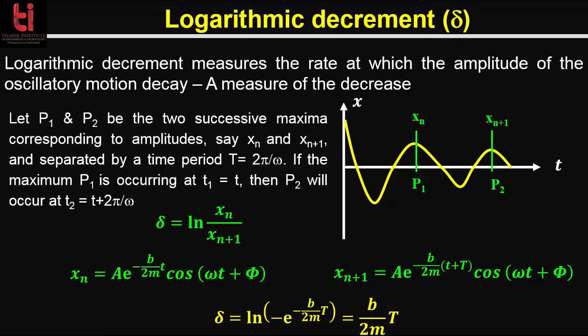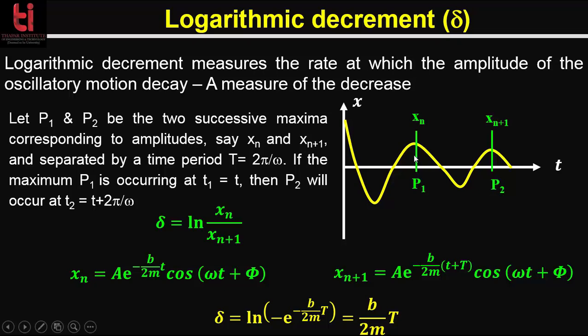One is logarithmic decrement. Logarithmic decrement measures the rate at which the amplitude of the oscillatory motion decays. So it is a measure of the decrease. This graph shows the variation of amplitude with time. Let's consider two points P1 and P2. These are two successive maxima corresponding to the amplitude, say xn and xn plus 1, and these are separated by a time period equal to 2 pi by omega.